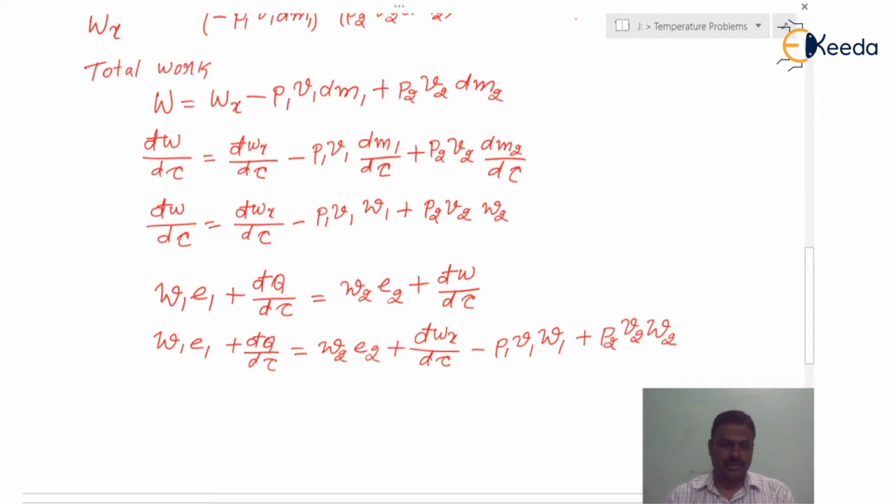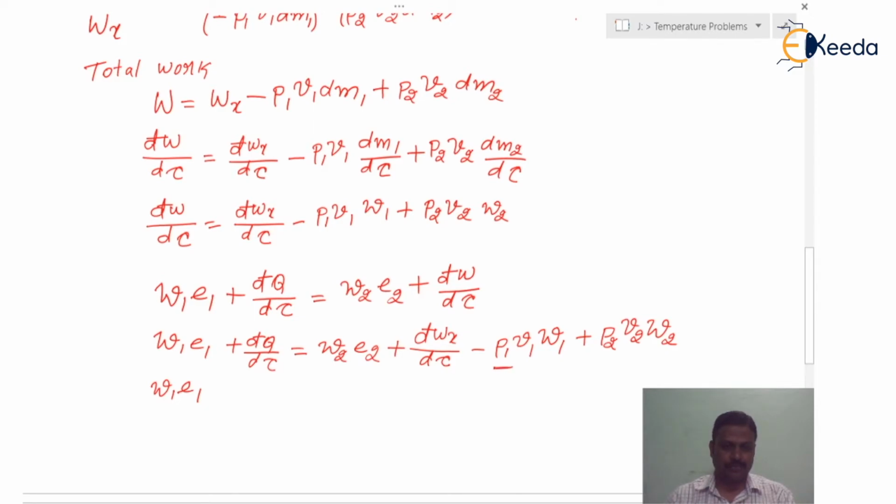Then after rearrangement, this equation becomes w1 E1. Let us bring this minus P1 V1 w1 to the left hand side.